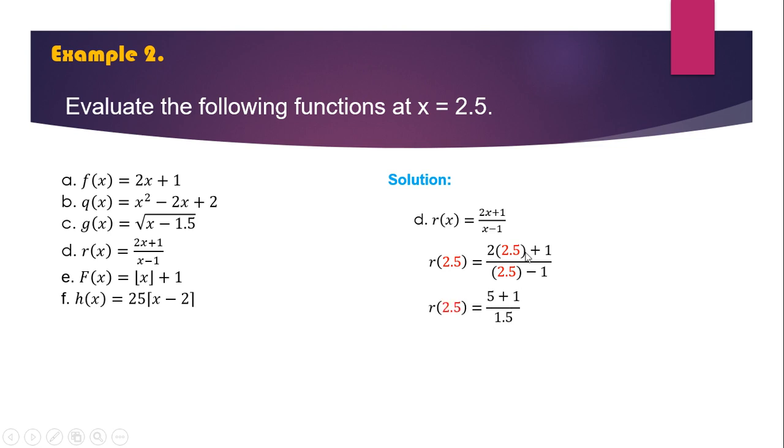So 2 times 2.5 is equal to 5 plus 1. 2.5 minus 1 is just 1.5. So 5 plus 1 equals 6 over 1.5. So we're just going to divide 6 by 1.5. So therefore, r of 2.5 is equal to 4. So that is the answer for letter D.